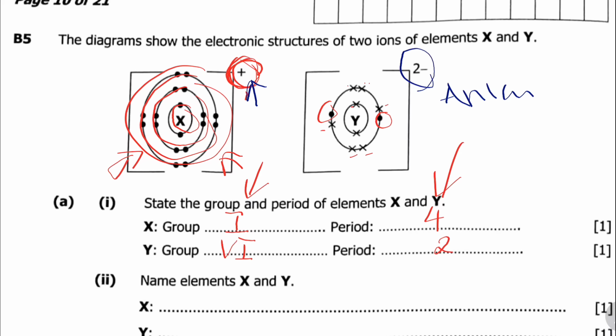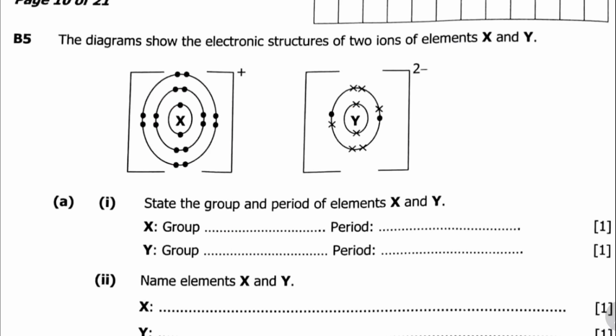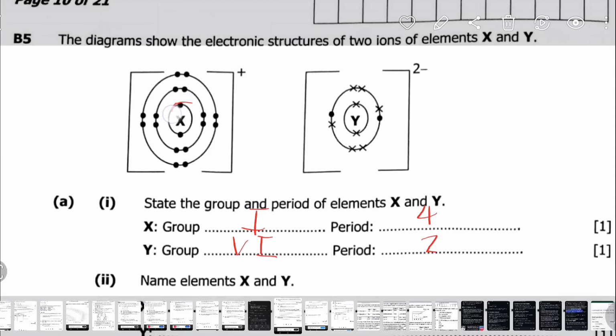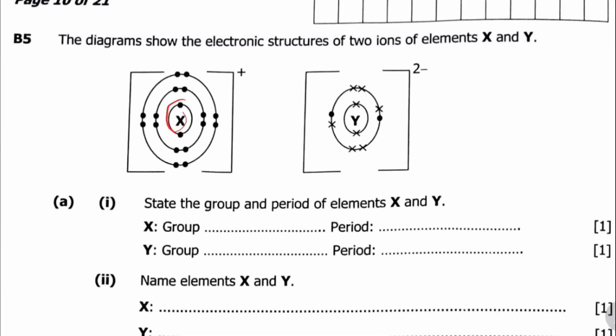Then A2 is saying, name the elements X and Y. Name the elements X and Y. What will help us here to name the elements is the number of protons, right? So we're going to count all proton numbers here. Okay, so the first shell here is 2 electrons.